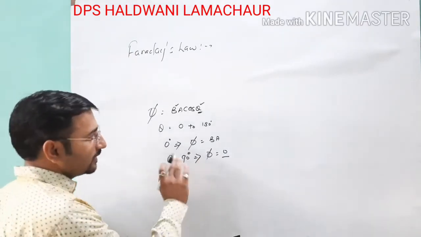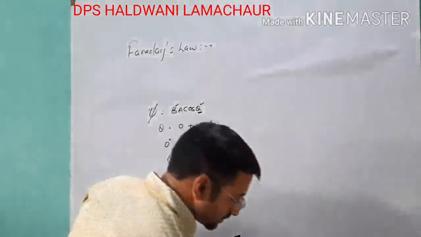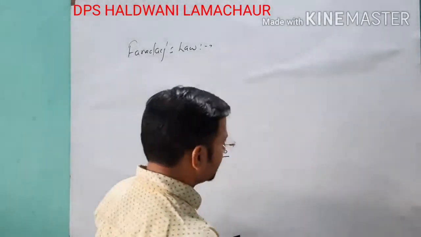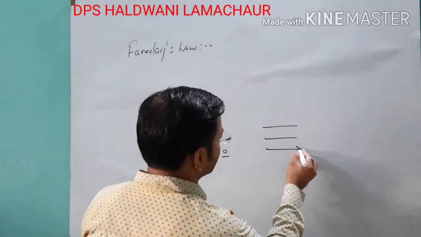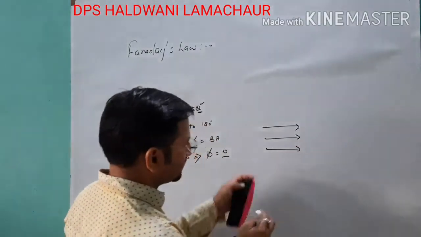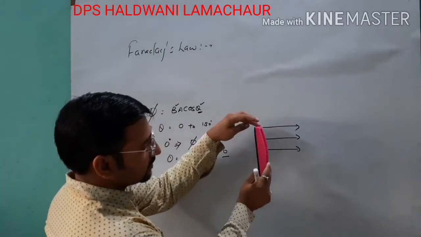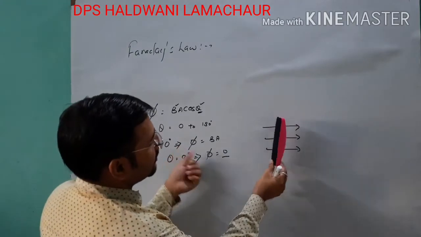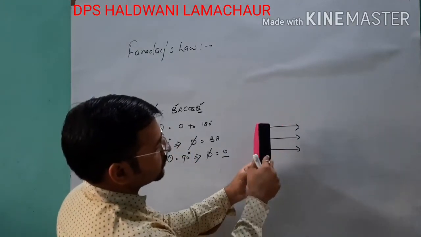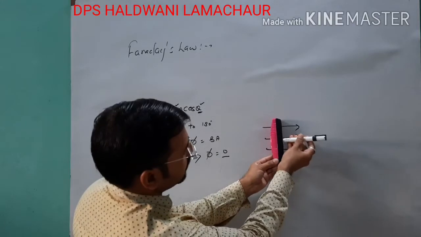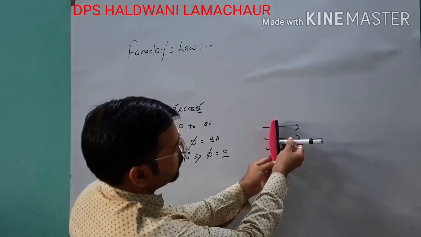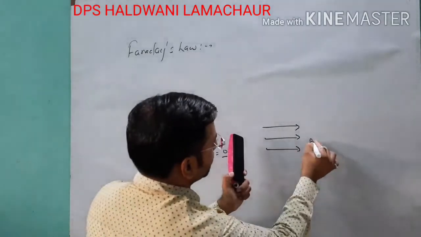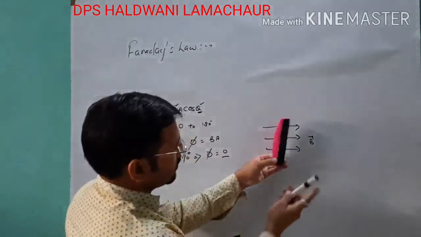Suppose this is the direction of the magnetic field, and this is the surface which we are rotating in the magnetic field. Initially, at 0 degree angle, the surface and the normal on this surface will be parallel to the magnetic field, which is denoted by B. Point clear?